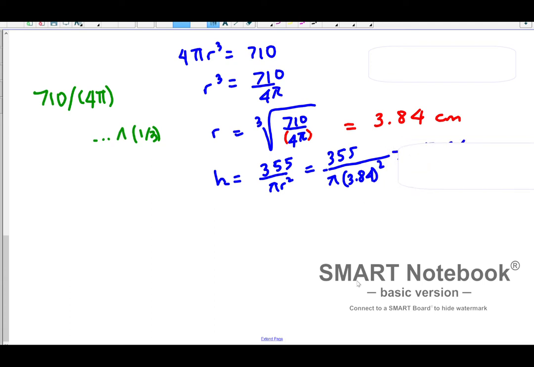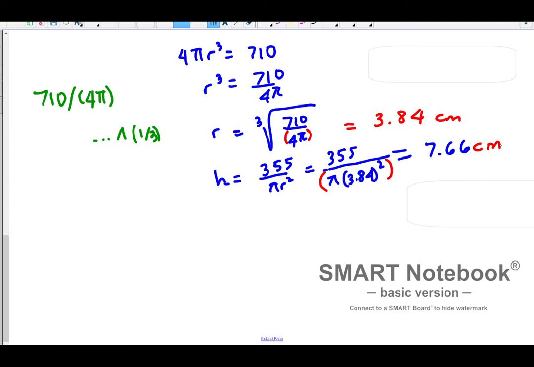And once again, as you're entering this into the calculator, if you have the older operating system, it would be helpful to put a parenthesis for your entire denominator. So after 355, division sign, open a parenthesis, enter this product, pi times 3.84 to the second, and then close the parenthesis, and you should be able to get 7.66 centimeters.